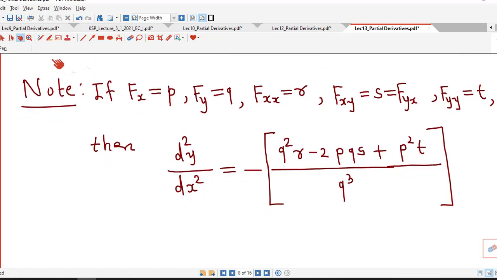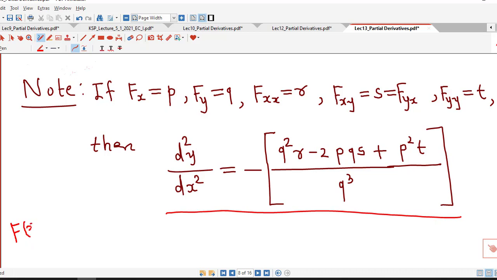So we will remember this formula to calculate the second order ordinary derivative of y with respect to x if y is an implicit function of x given by this relationship.